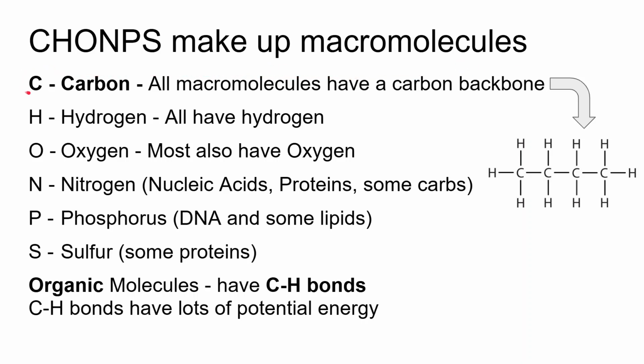All of them have a carbon backbone. So all macromolecules have this set of linked carbon molecules. Now, they're often connected to things like hydrogen or otherwise, but one of the interesting things about carbon is that despite it being a fairly small molecule, it will make 4 bonds with other atoms, right? Other elements.